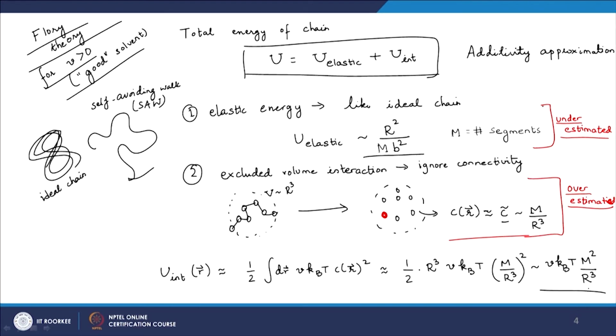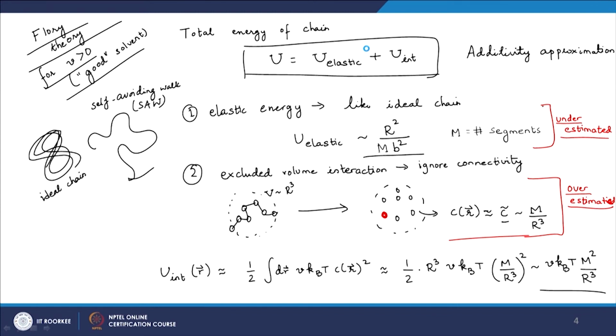So, now we are left with the elastic energy and the interaction energy both scaled in this particular way in terms of m and r. M is the number of segments, r is the size, and I can write the total energy using scaling as we have just derived previously.